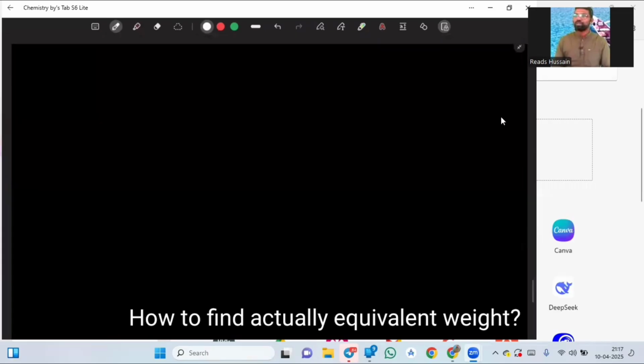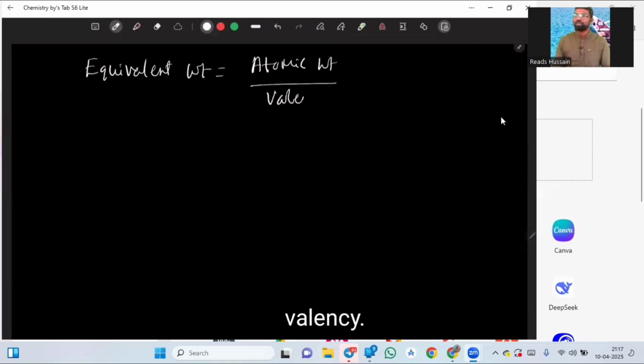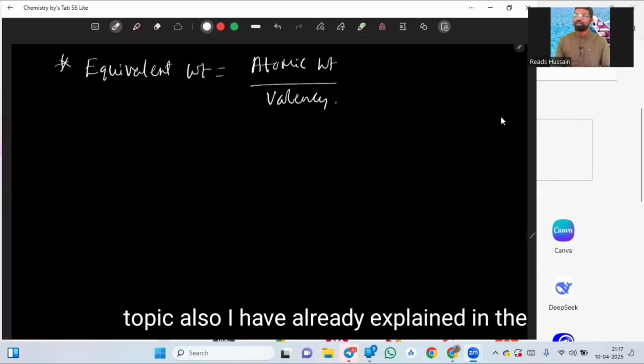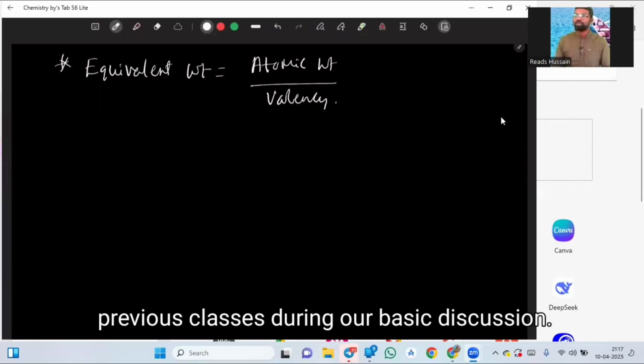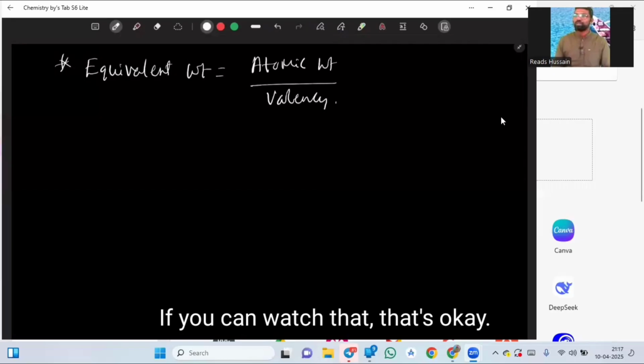Actually, equivalent weight is equal to atomic weight by valency. This is the formula. If you don't know about this, this topic also I have already explained in the previous classes during our basic discussion. If you can watch that, that's okay.